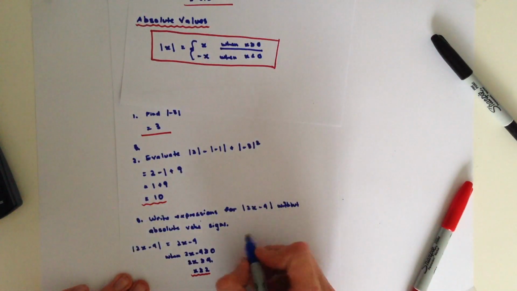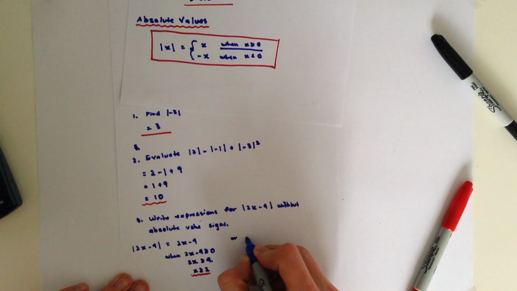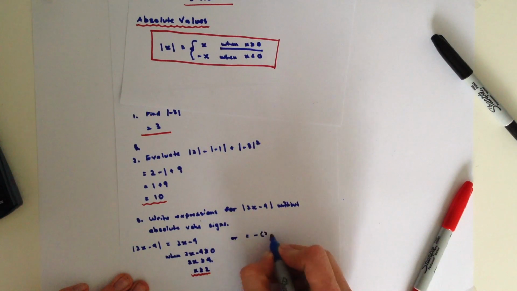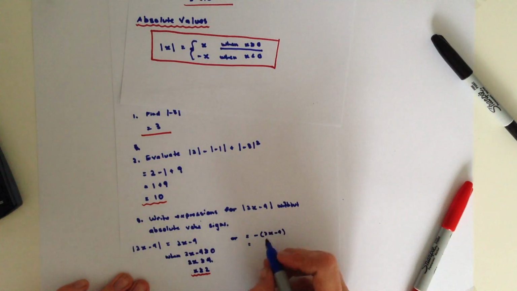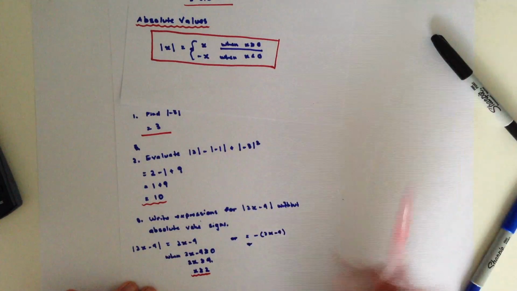And we also do the same for the other one, which equals minus 2x minus 4, since there's the minus.